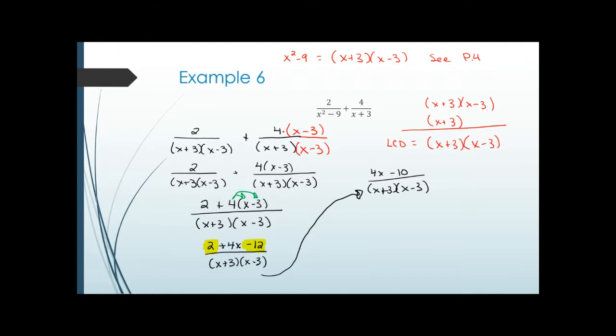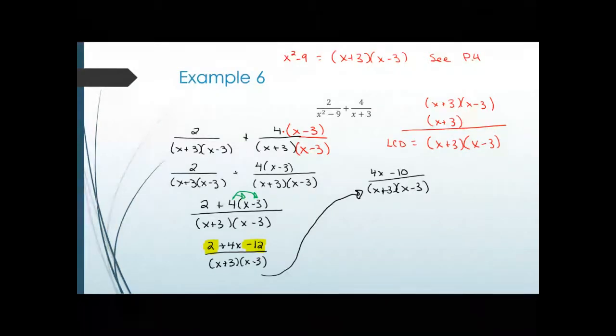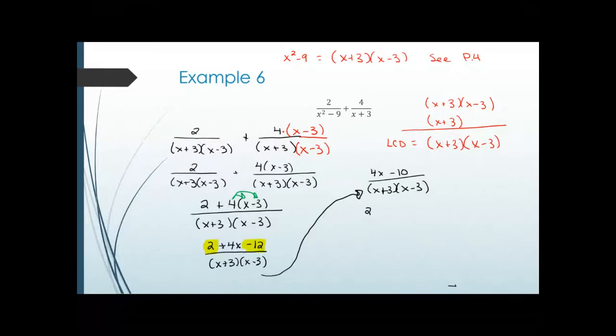I'm looking for a number that I can divide into both of those. And I can divide 2 into 4 and 2 into negative 10. So that's going to be my greatest common factor. So I put that in front, and then I divide 2 out of the numbers. So 4 divided by 2 is 2. So now I have a 2x. And then negative 10 divided by 2 is negative 5.